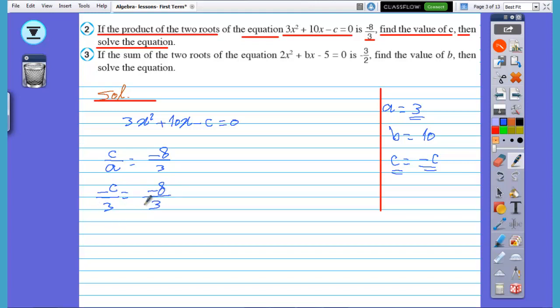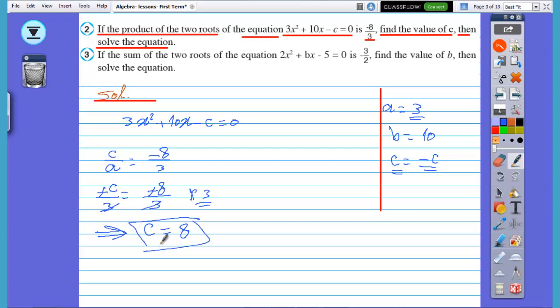And multiplying both sides by -1, so we can get rid of this negative sign here. And also we can simplify, multiplying both sides by 3. So we have c equals 8.